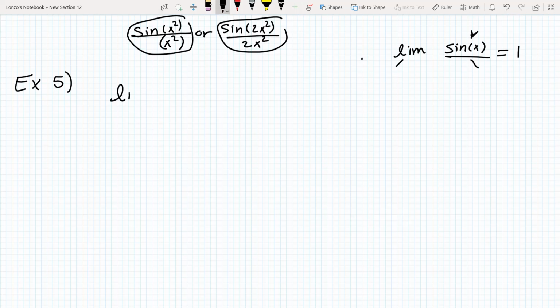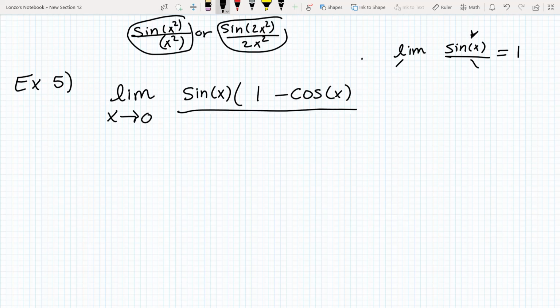So it's going to be the limit as x approaches 0. Yeah, I'm a math tutor and I still make mistakes because I am human. So let's see here. Maybe instead, what I think we should do is make this sine of x squared over x squared. I think that would work.